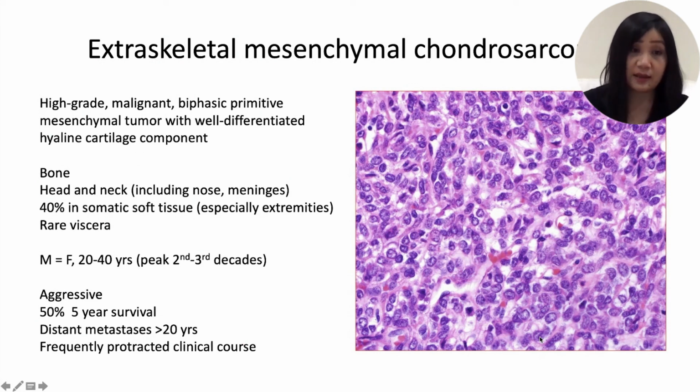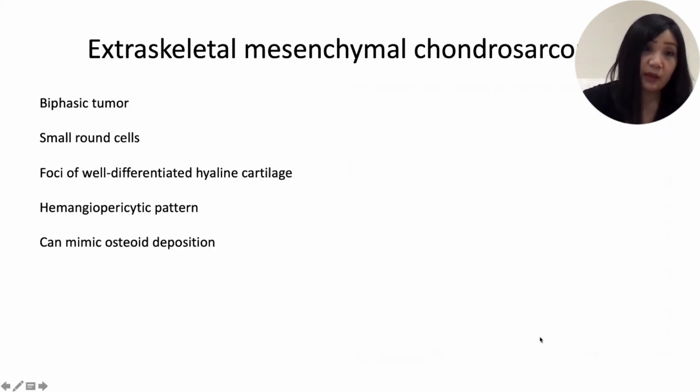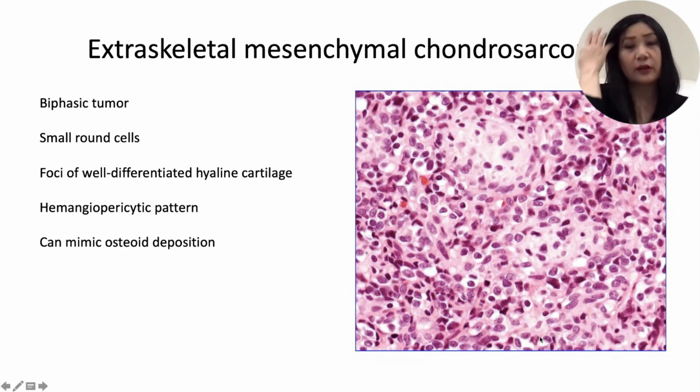40% actually occur in somatic soft tissues, particularly the extremities. A proportion can occur in head and neck. Rarely in the viscera. It occurs in young adults and is a very aggressive neoplasm with a 50% 5-year survival. Again, the best way for us to not miss it is to remember that it exists and the morphologic spectrum.